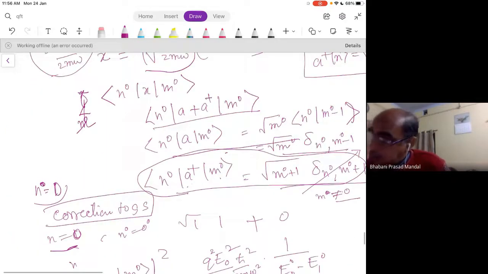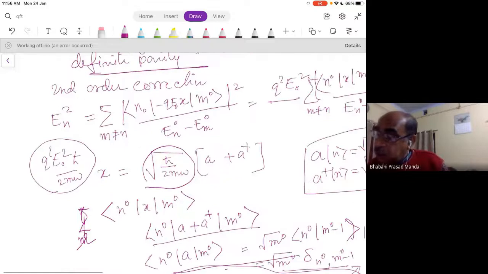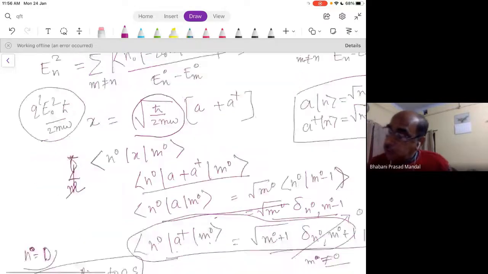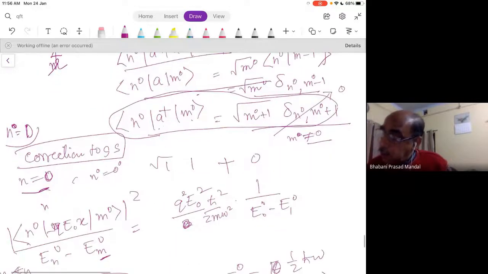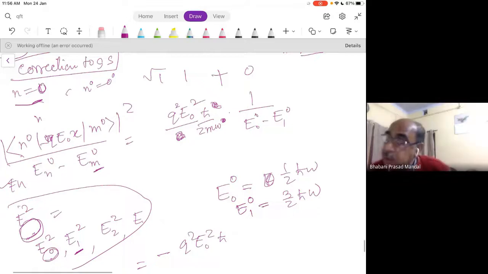I don't think it is h cut square, no? The a dagger formula is root of h by 2m omega, so it will be only h, and only omega. So root and mod square, so root will go away, okay. So we make this correction.